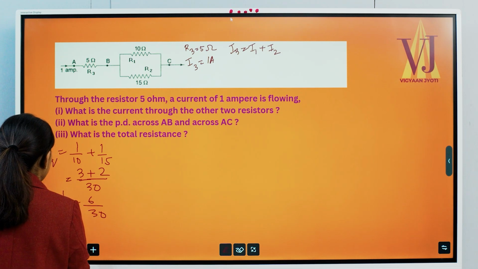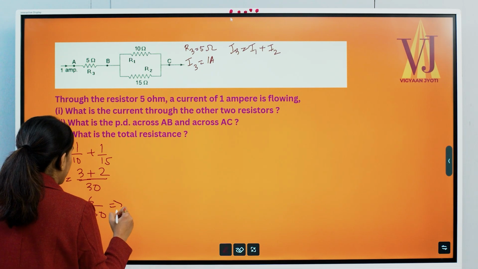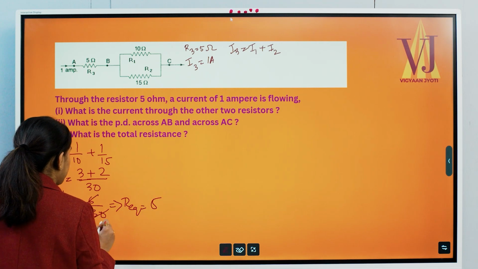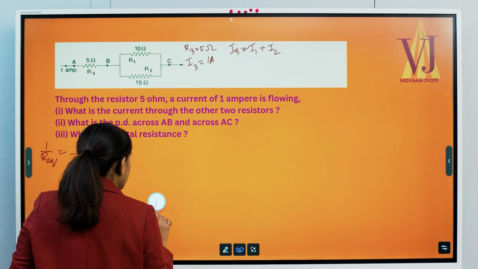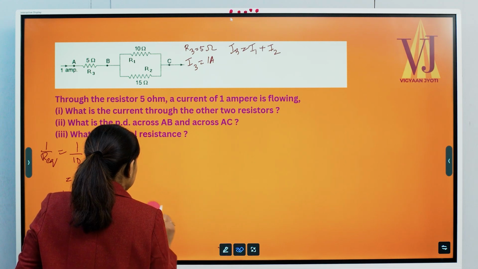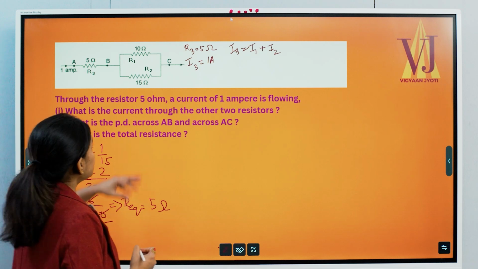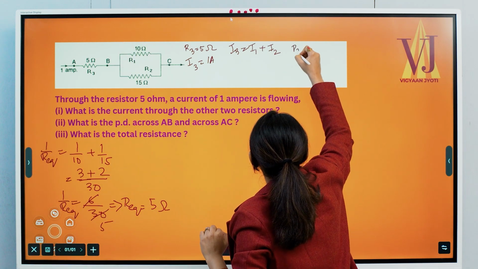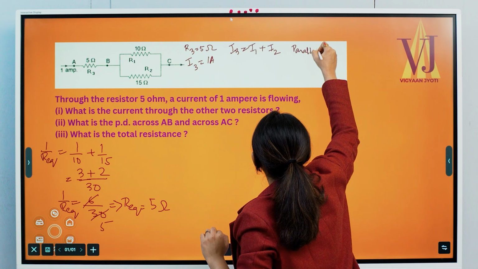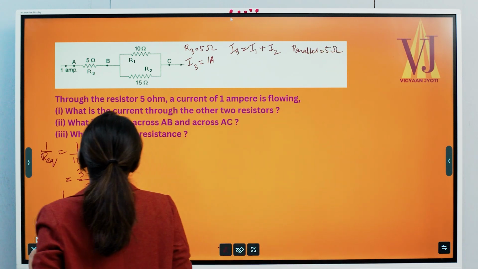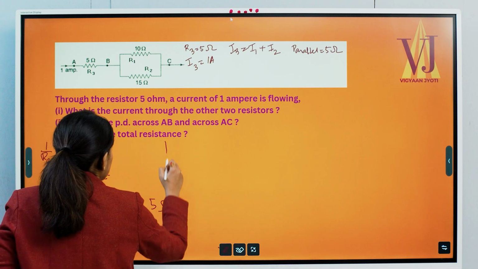Now let me take the reciprocal. So Req is equal to 5. Req will be 5 ohm. That means the parallel circuit resistance is 5 ohm.